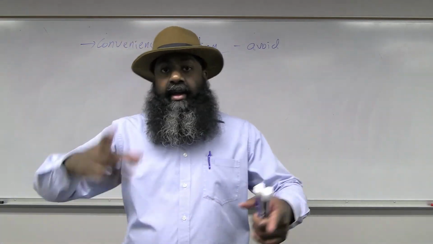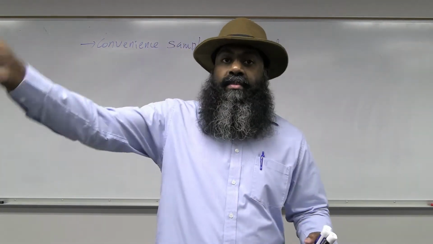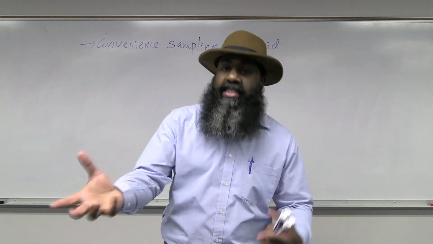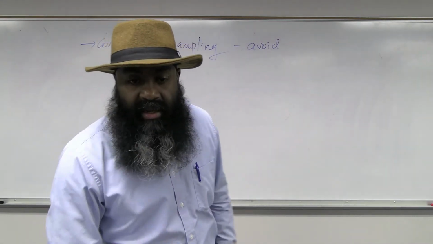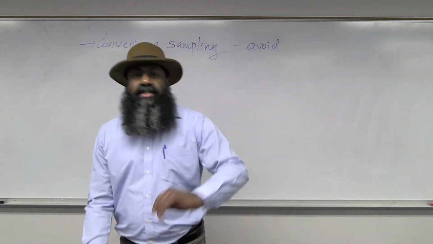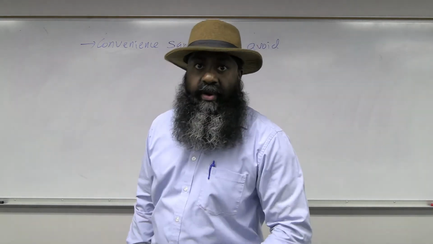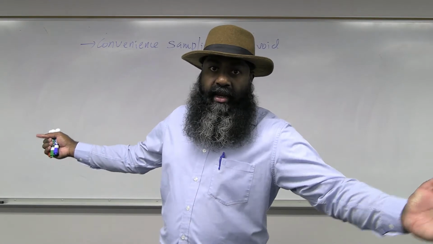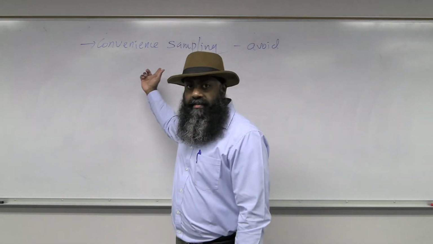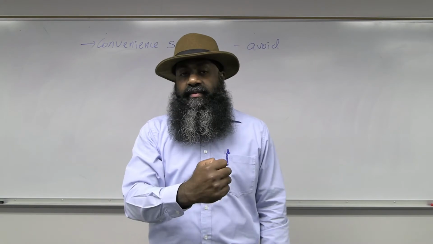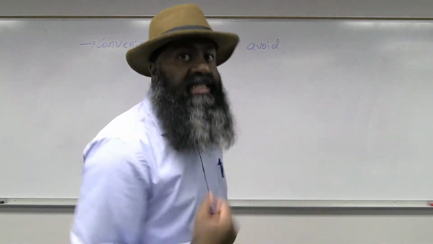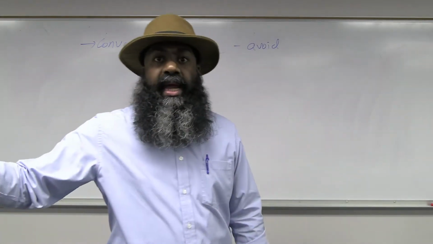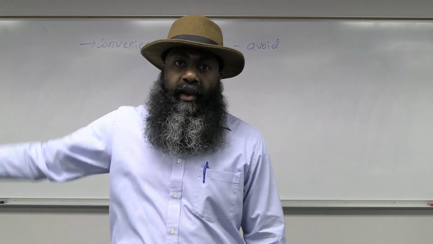Now, instead of collecting a sample from all the Tier 1 universities, just to reasonably represent all the Tier 1 universities, I'm lazy and I will just go ahead and select 30 students from my college algebra class. That's convenience sampling. I collect the data from the subjects where I have the easiest access. We have to avoid it. Convenience sampling will always lead to incorrect conclusions. Okay, so that's the first thing.